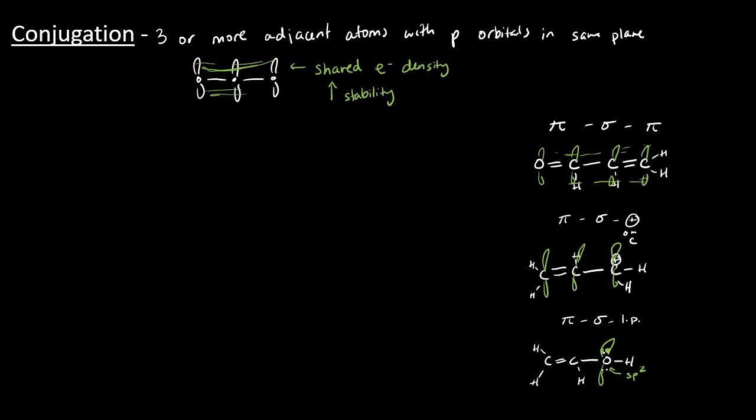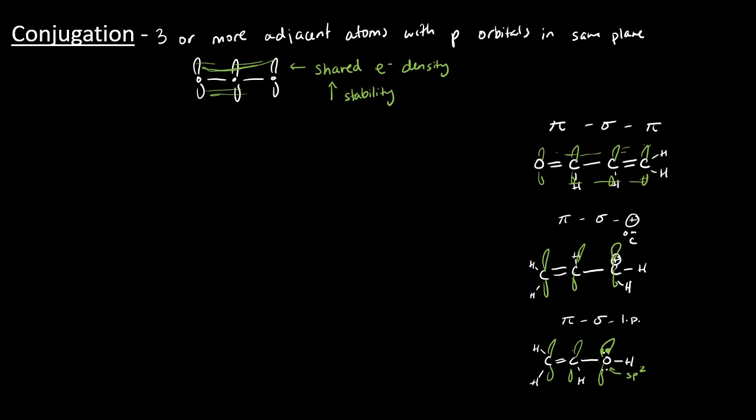Okay, and so then that can line up and share electron density across the 2 carbons and the oxygen. Okay, so those are our different types of conjugation that we see. And again, in the next video, we'll go through more practice of drawing the actual resonance structures instead of just the patterns like we did here.